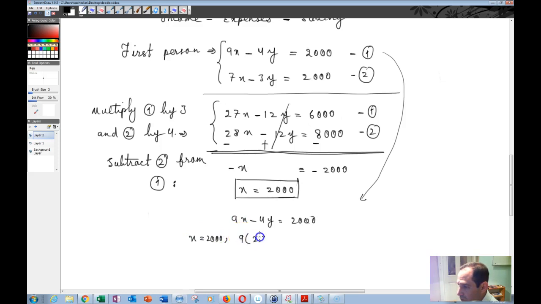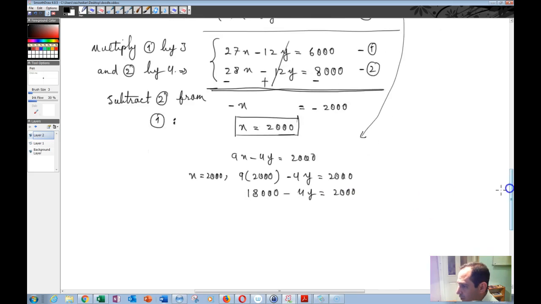So 9 times 2000 minus 4y is equal to 2000, and that's 18,000 minus 4y is equal to 2000. That is negative 4y is equal to 2000 minus 18,000, so negative 4y is equal to negative 16,000, and y is equal to 16,000 divided by 4, which is 4,000.